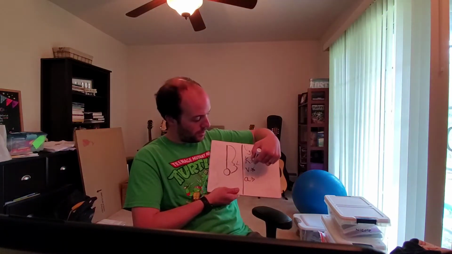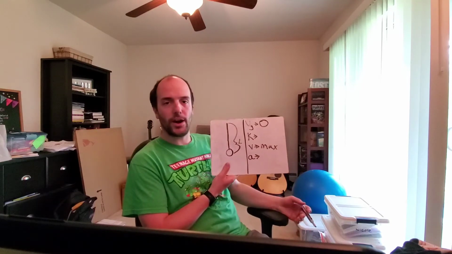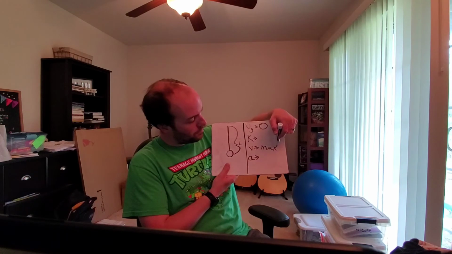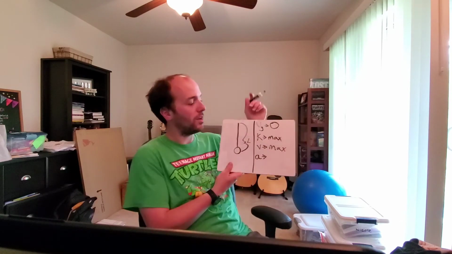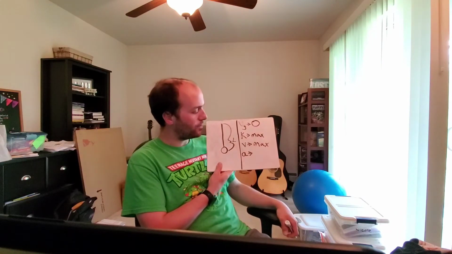So what that tells you is at equilibrium, the speed is at a maximum. We're going to go through some tips and tricks to figure out what that speed could be. If your speed is a maximum, that also means that your kinetic energy is at a maximum: 1/2 mv squared, mass times speed squared. So if your speed's at a max, your kinetic energy is going to be at a max.